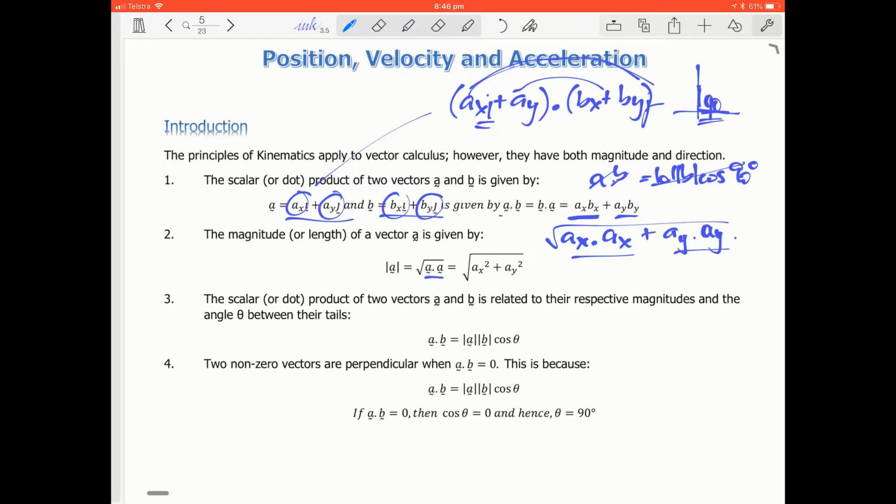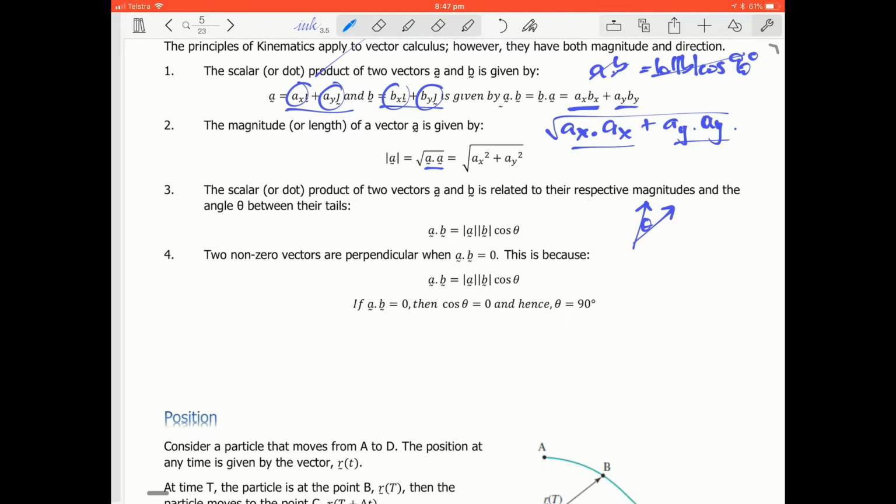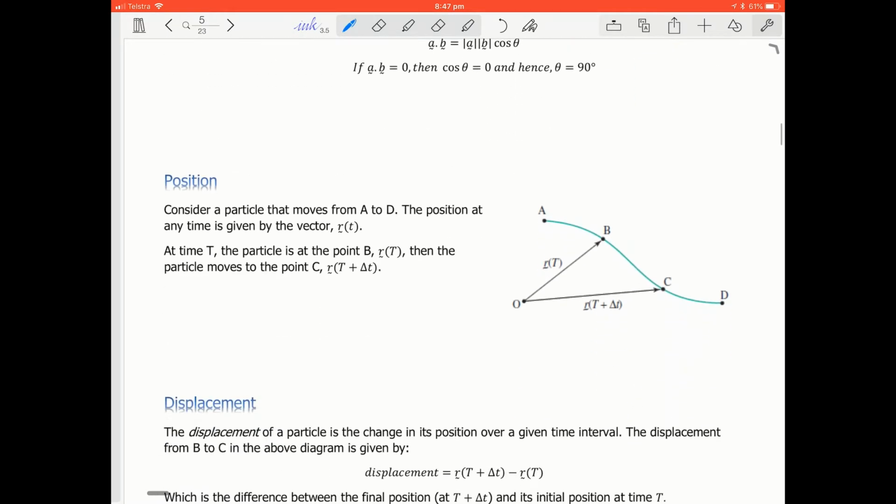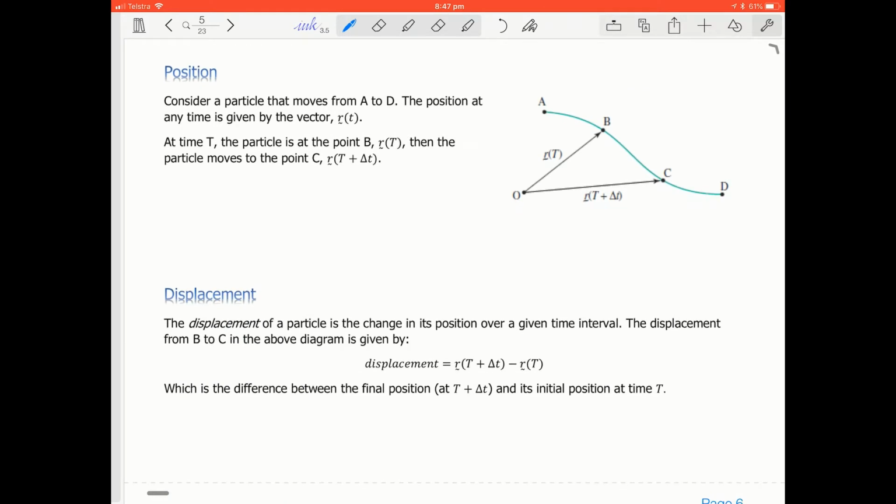The scalar dot product of two vectors a and b is related to their respective magnitudes and the angle between their tails. So if you've got two vectors and the angle between them, we can work out the dot product, or we can work out the angle between them. Two non-zero vectors are perpendicular when their dot product is 0, and we just went through that. If the angle is 90 degrees between them, it will equal 0.